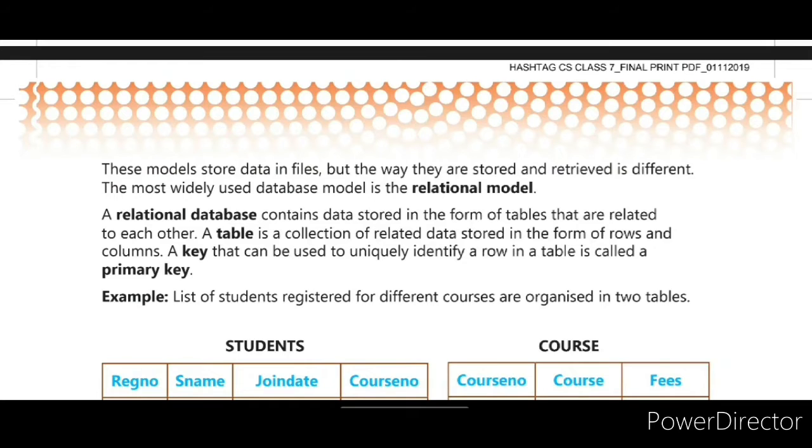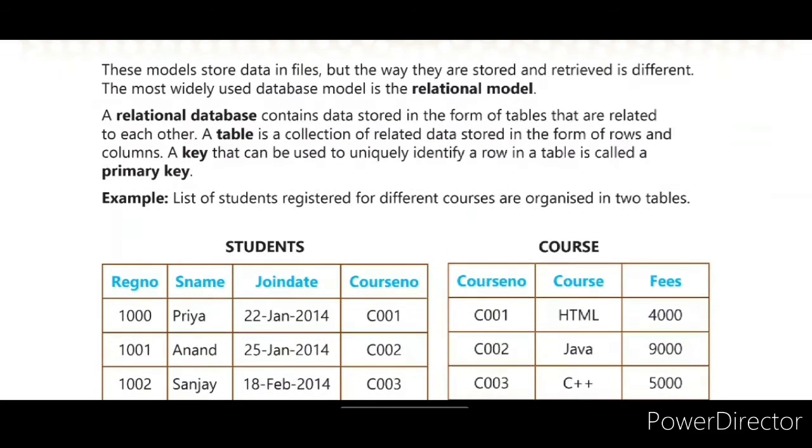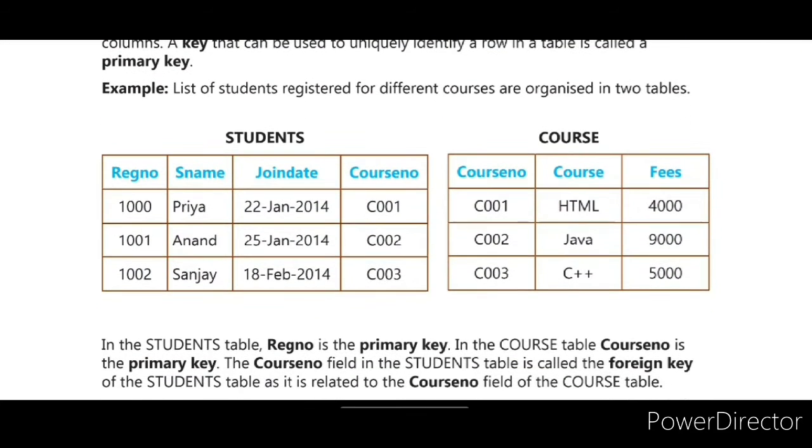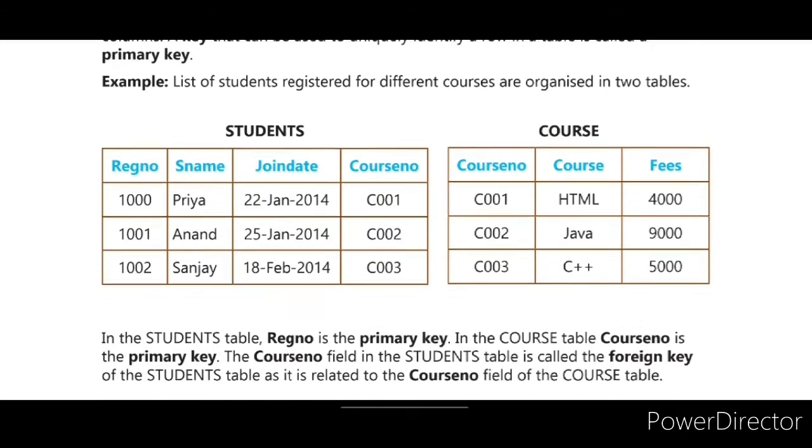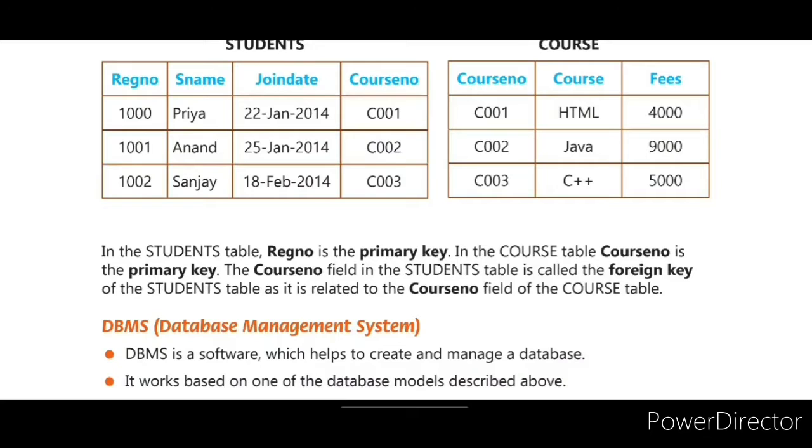The most widely used database model is the relational model. See these two tables, the students table and the course table. Here, what is the primary key? Registered number in the student table is called the primary key, whereas in the course table, course number is the primary key.